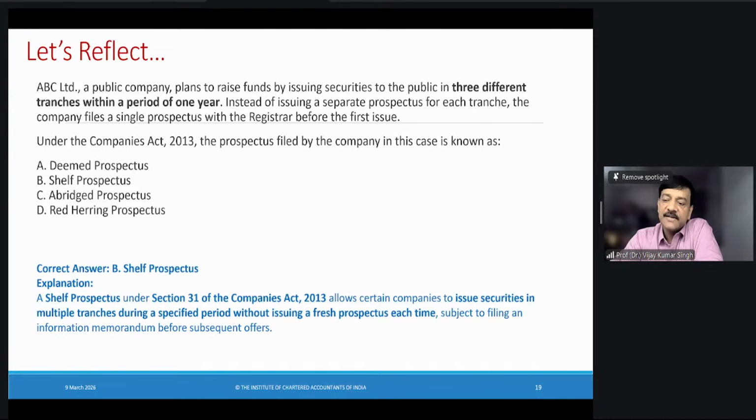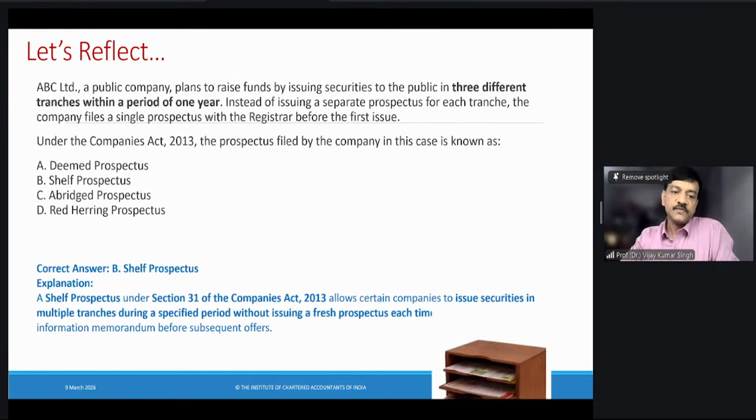This happens many a times in cases of bonds, debentures, which are issued for a whole year, right? Once you issue the prospectus, thereafter you can raise the money whenever you want in the period of 1 year. That is referred to as shelf prospectus.